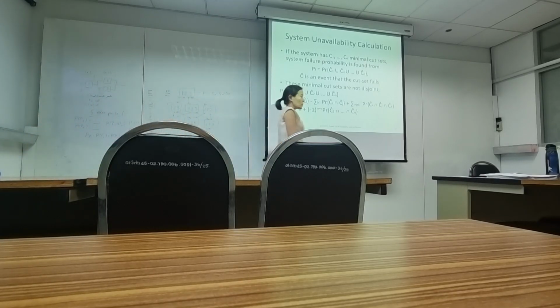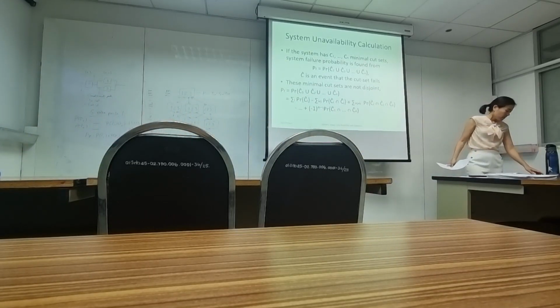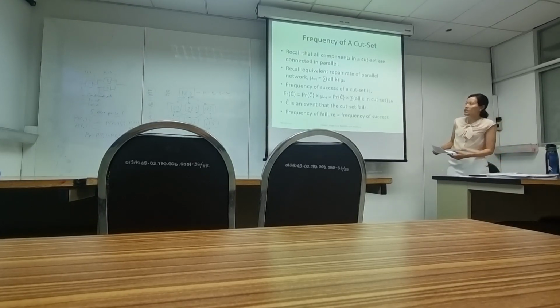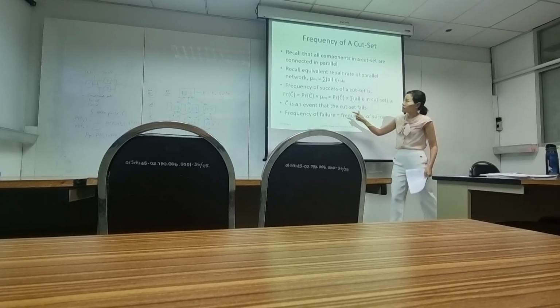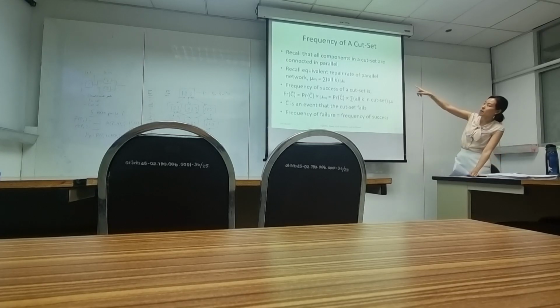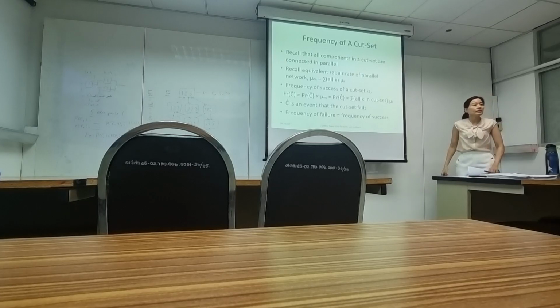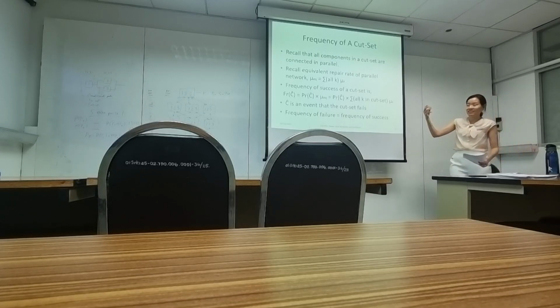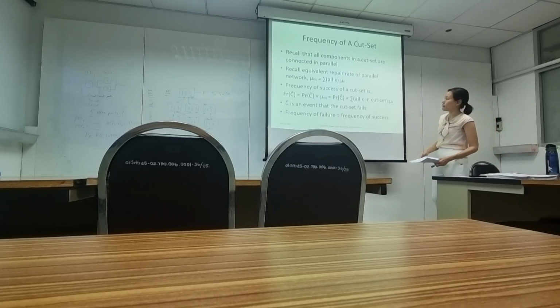Now, let's look at the frequency of a cut set. So for the frequency of the cut set, we look at the frequency of failure. Why? Because all the components in the cut set are connected in parallel. When things are connected in parallel, it's easier to look at the failure states because that's how you already know the probability of failure of those components in parallel.